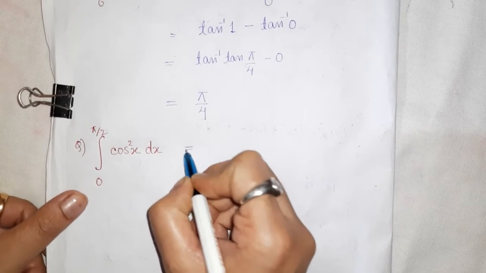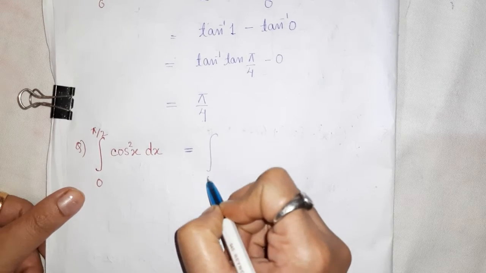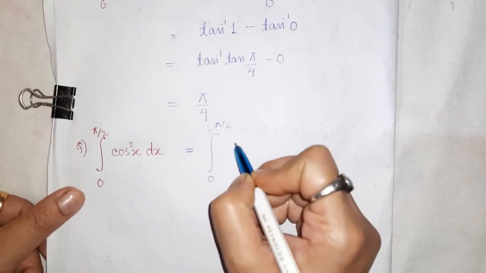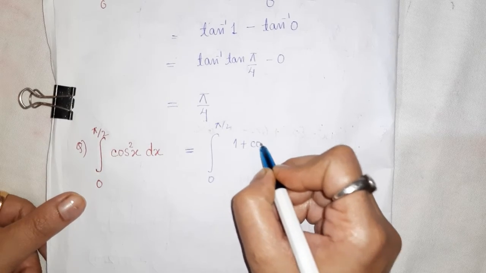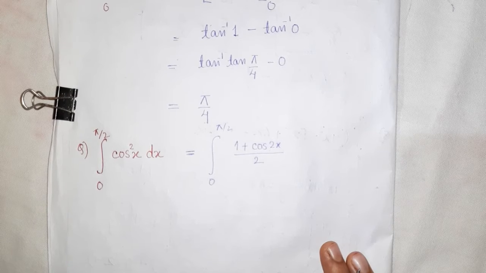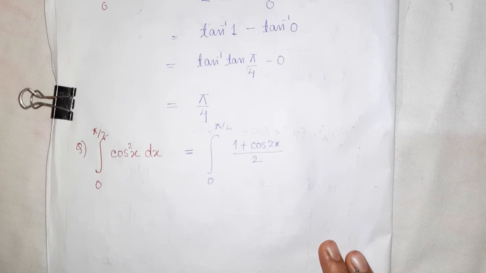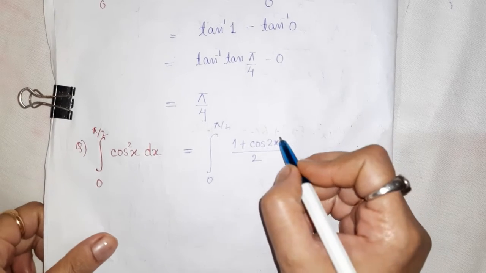Here I will use a trigonometric identity. Cos square x can be written as 1 plus cos 2x by 2, the half angle formula. Cos square x can be written as 1 plus cos 2x by 2.